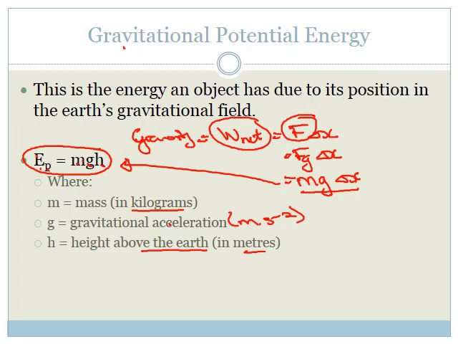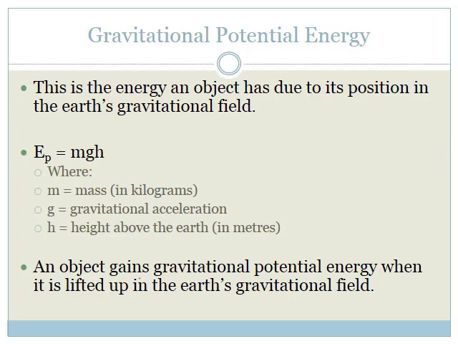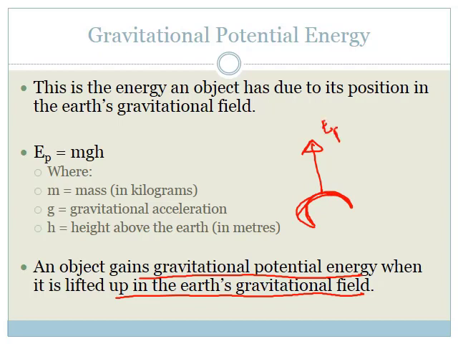Okay. So an object obviously gains gravitational potential energy when it is lifted up into the Earth's gravitational field. So the higher the object is above the Earth, there's the Earth, really badly drawn Earth, the more it has. So EP is more when the object is higher, and over here the EP is less.